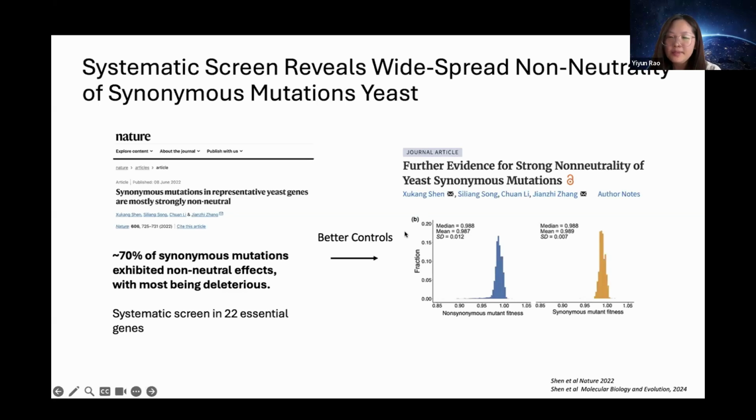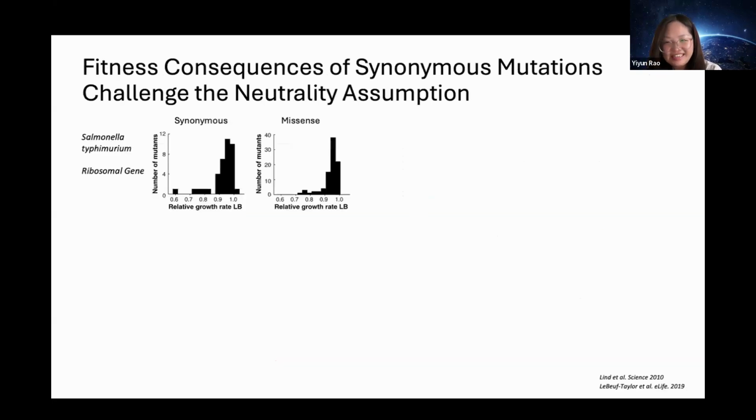Their data conclude that synonymous mutations, on a large scale, can have real measurable fitness effects, and that totally disputes the assumption that synonymous mutations are neutral. And this is not an isolated case. Around a decade ago, studies on ribosomal proteins showed that synonymous mutations can be just as deleterious as non-synonymous mutations.